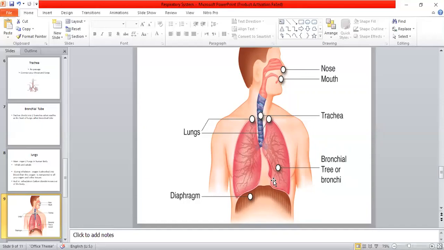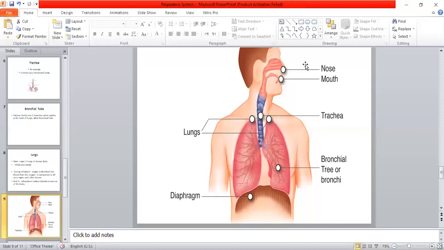The capillaries containing contaminated blood with carbon dioxide release it into the air sacs, and from the air sacs it goes into the bronchi, and from the bronchi it goes into the trachea, pharynx, and nose. During exhalation, that carbon dioxide moves out of the nose into the air.